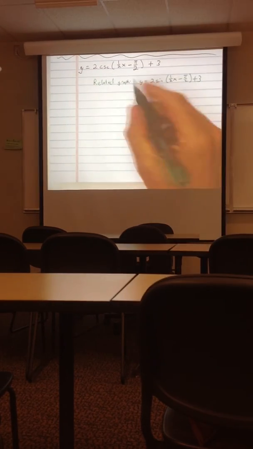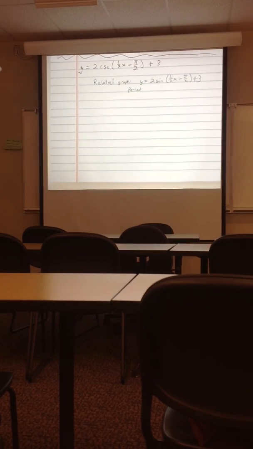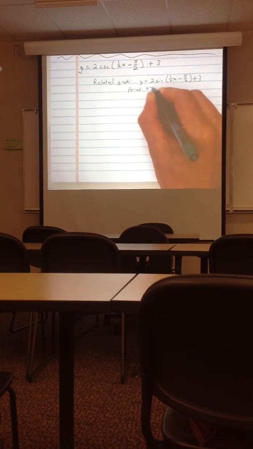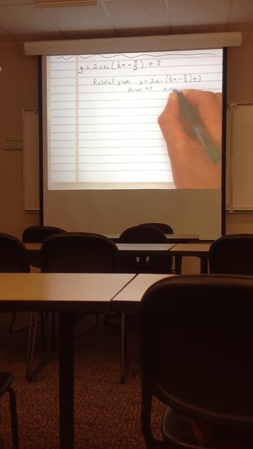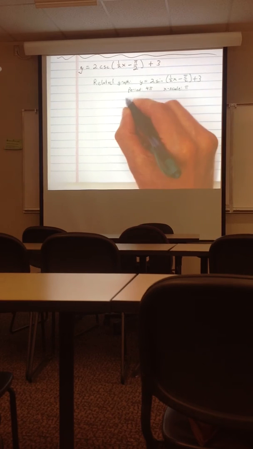Okay, so again, all this information we're going to write down here is for the related graph, the stuff we've been doing, such as, let's start with period, 2 pi divided by 1/2, 4 pi, making our x scale markers pi. Good. What else? Phase shift.